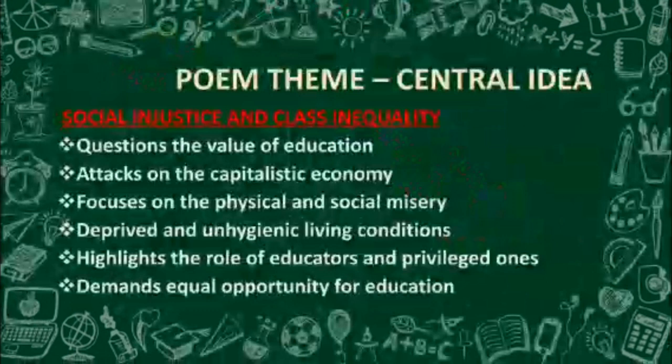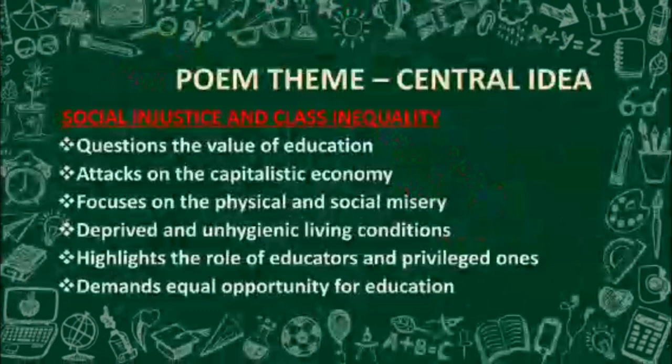And we also learn that these children are deprived of basic needs, the things that are required for survival. Quite pathetically, these children's parents are unable to provide such basic needs to them. And in this way, the slum areas in which they live are places full of unhygienic conditions where human beings cannot live.